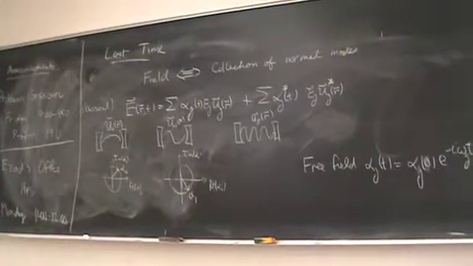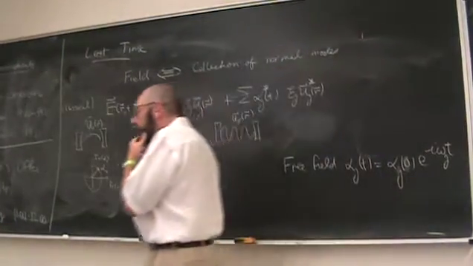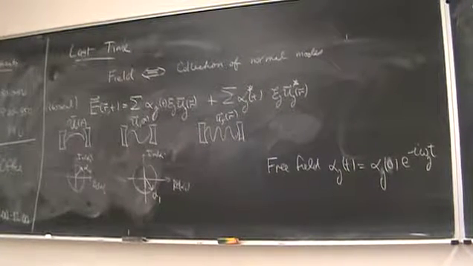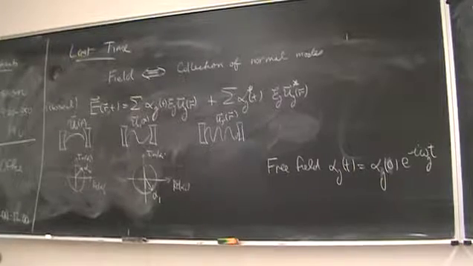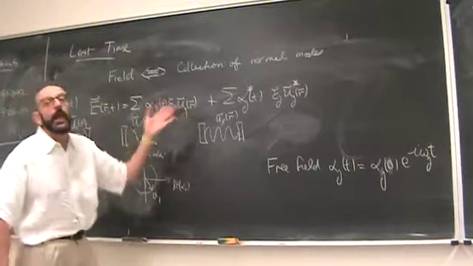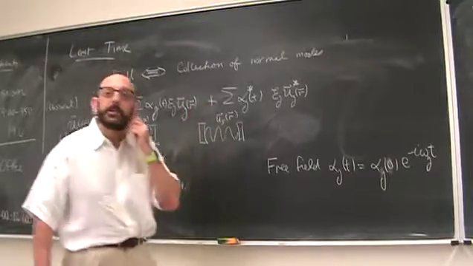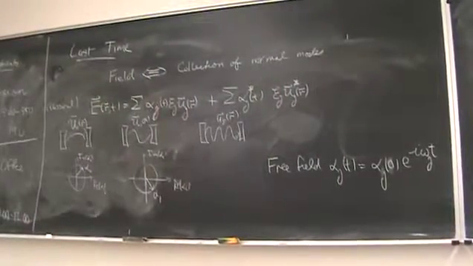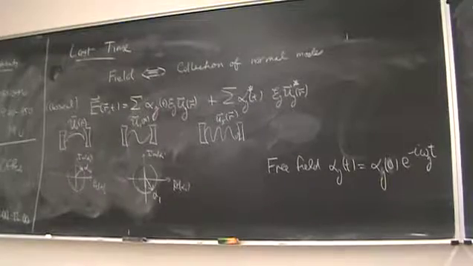And the key concept here is to think about the field as a collection of normal modes. And that means we have a kind of generalized Fourier decomposition of the field into these normal modes with amplitudes.